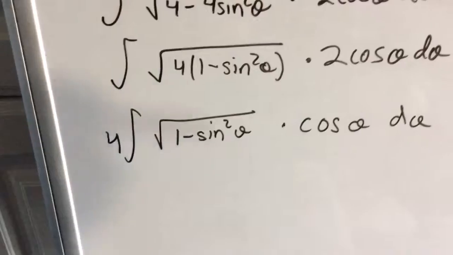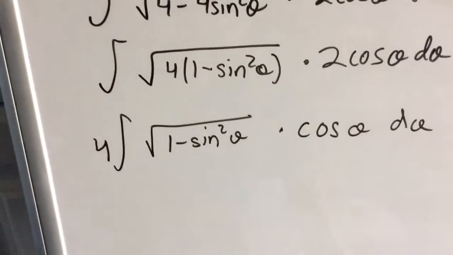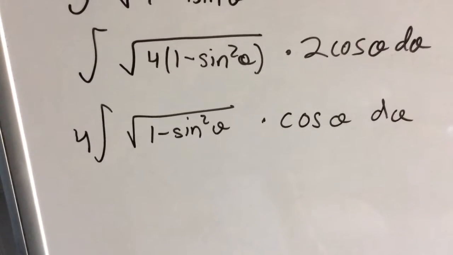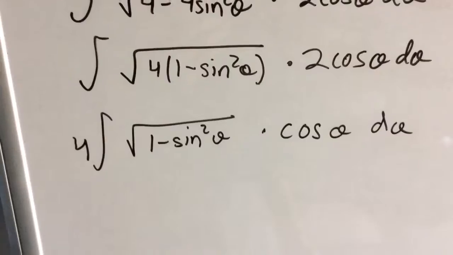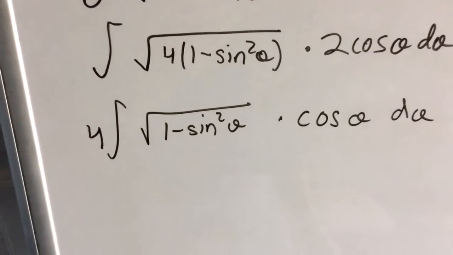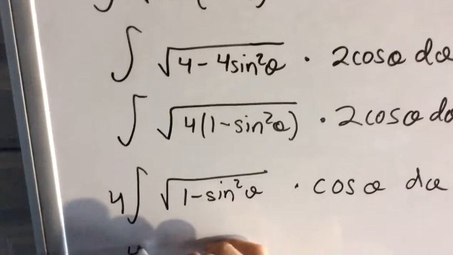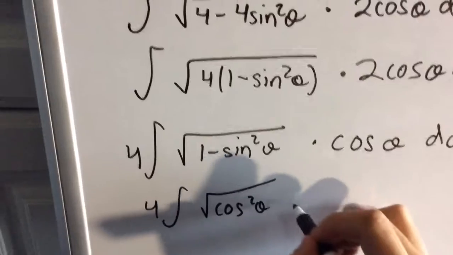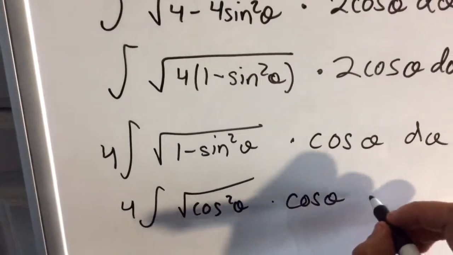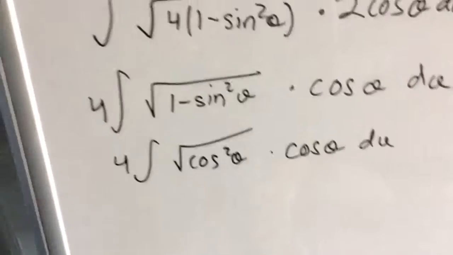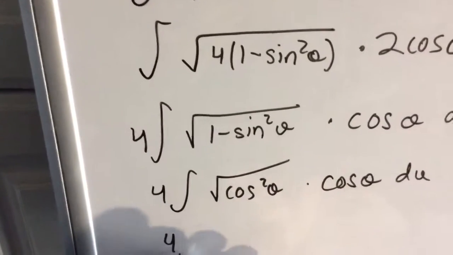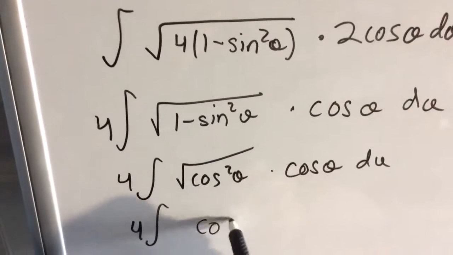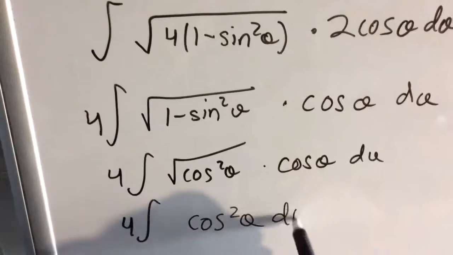Now, to solve the next step, we notice that 1 minus sine squared theta is a trig identity. If you remember your trig identities, 1 minus sine squared theta equals cosine squared theta. And the square root of cosine squared theta is just cosine. Cosine times cosine is just cosine squared theta d theta.